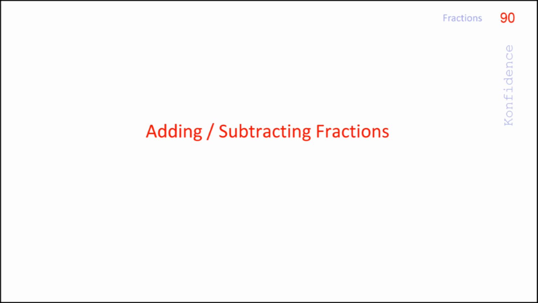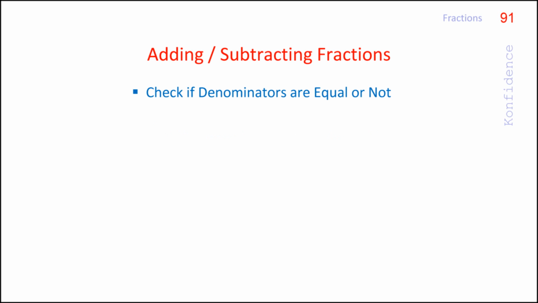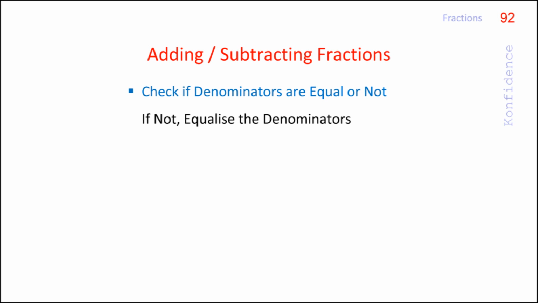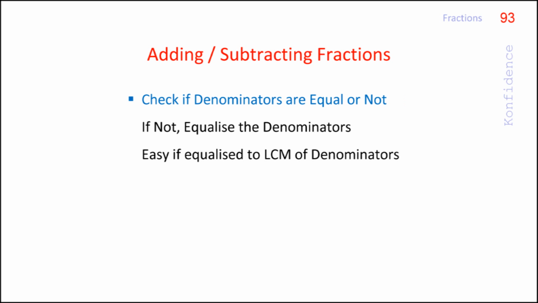If we revisit the approach of addition or subtraction of fractions that we saw earlier, we can say that the steps involved are the following. Step 1. See if the denominators of all the fractions are equal or not. If not, then we need to equalize them as the first step. It will be easy if we equalize the denominators to the LCM of the denominators.